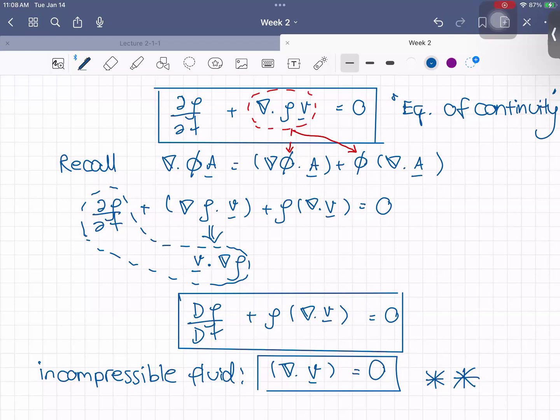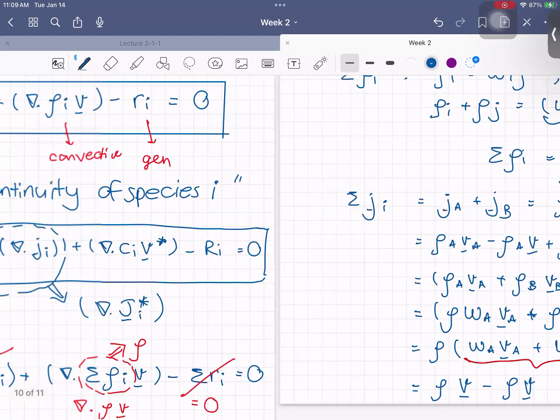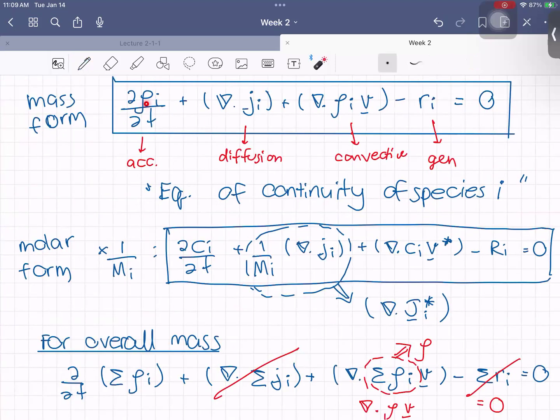I think we still have time left, so let's move on to the equation of mass conservation of species i for a little bit, so you can understand how to use and apply this equation a little bit better.